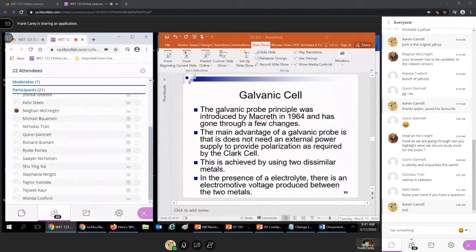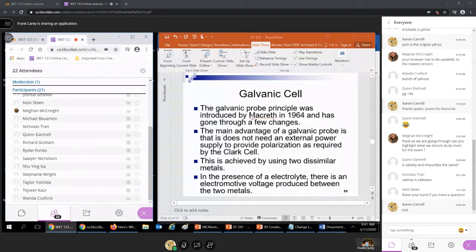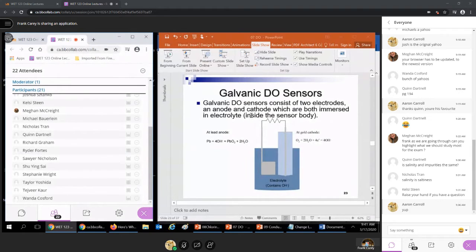Like I said, started in 1964, produces its own voltage, and fairly dependable. Much, much better than the polarographic. Much better. So please, gold and lead. That's what I said. Okay, anyways, much better than polarographic.